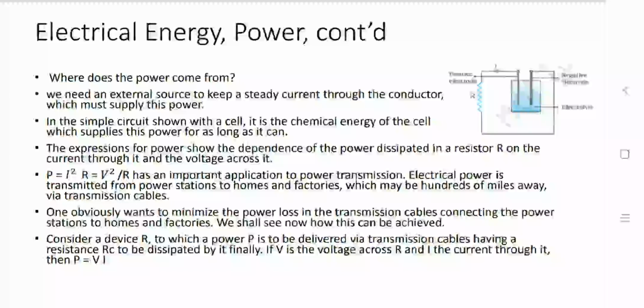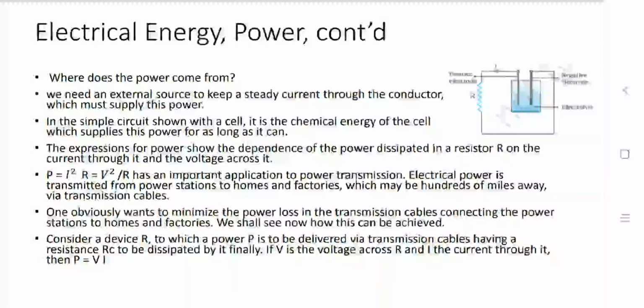So one simple series circuit is available with the external source and the resistance R. Current passes through R, and the power dissipation from that resistance is I squared R or V squared by R.